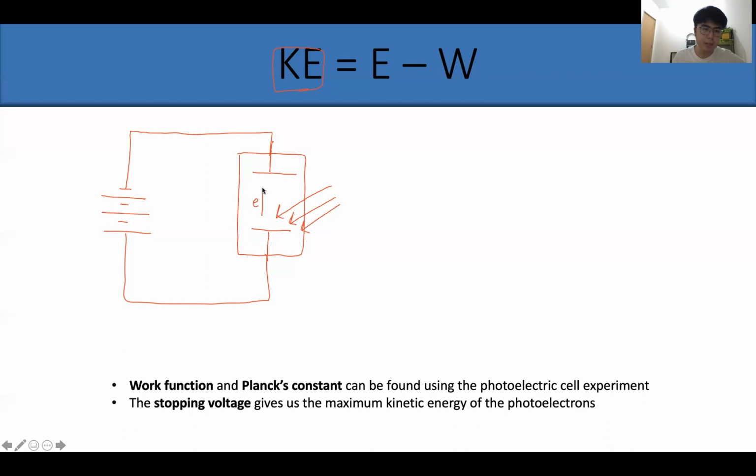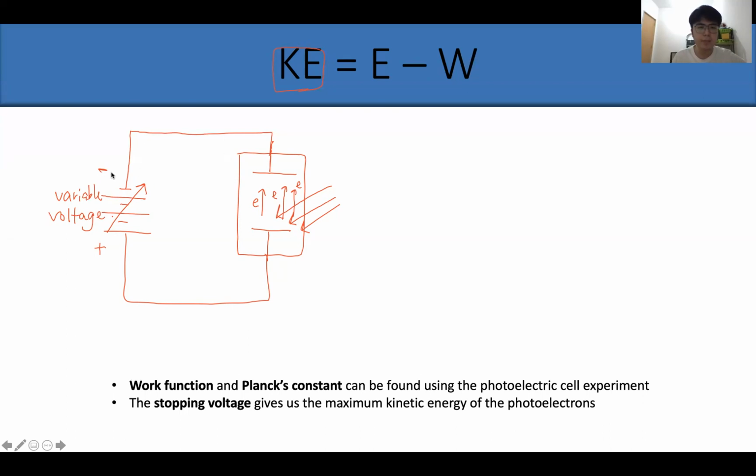So electrons will be emitted and move towards the other plate. Now you see, here, I purposely reverse the terminals. This is negative, this is positive. This is a variable voltage, meaning that I can adjust the potential.